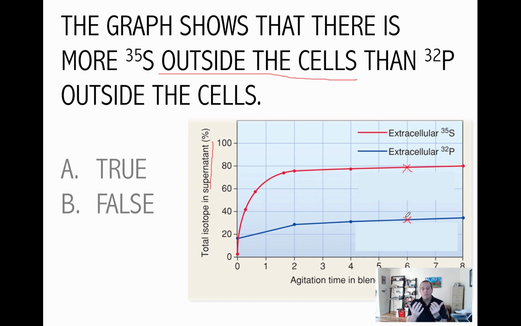So what this led Hershey and Chase to in terms of conclusions was that the DNA entered the bacteria, and it was the DNA entering the bacteria from the virus which caused the bacteria to start making new viruses. And over the following number of years, the mechanism of that got worked out very well.